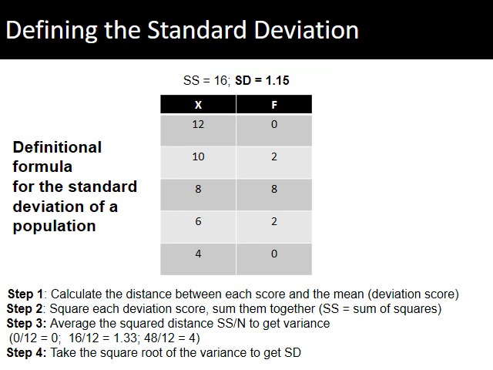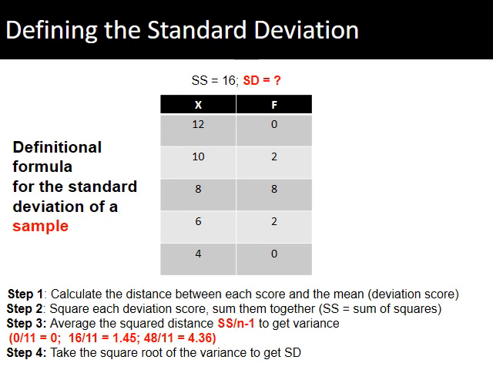Now let's take a look at the definitional formula for the standard deviation of a sample. Again, for a sample, we use n minus 1 in step 3. So when we calculate the variance, we take the sum of squares divided by n minus 1. Rather than 16 divided by 12, it's 16 divided by 11, because n is 12 and 12 minus 1 is 11, so 16 divided by 11 equals 1.45.